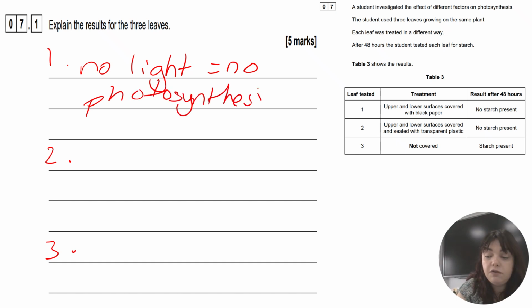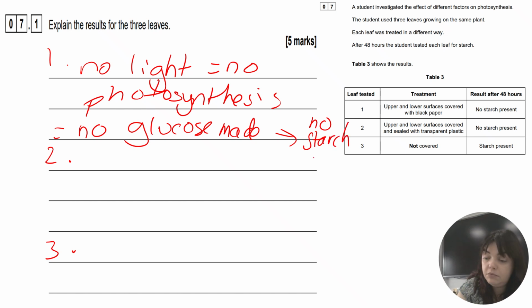Okay, now if there's no photosynthesis, there's no glucose made, okay, and then there's no starch stored. Or no starch, no glucose made, so we've got no conversion to starch.